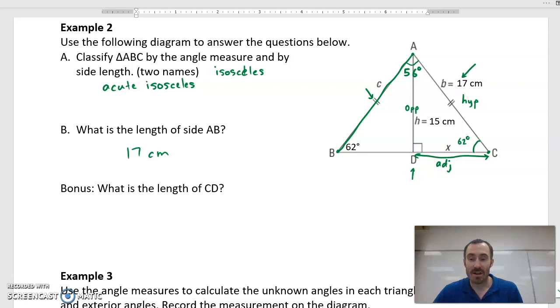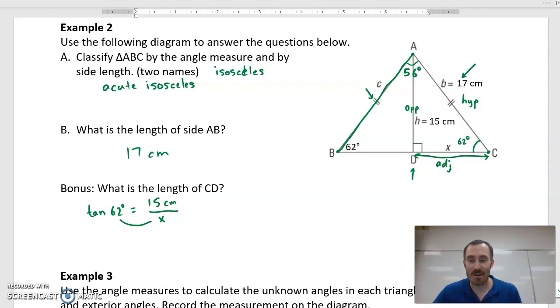So I'm going to do the tan of 62 degrees. If you remember, tan is opposite divided by adjacent. The tan of 62 degrees is equal to my opposite side, which is 15 centimeters, divided by my adjacent side, which is my x side. And then I have to do some algebra. I have to do some rearranging of this thing.